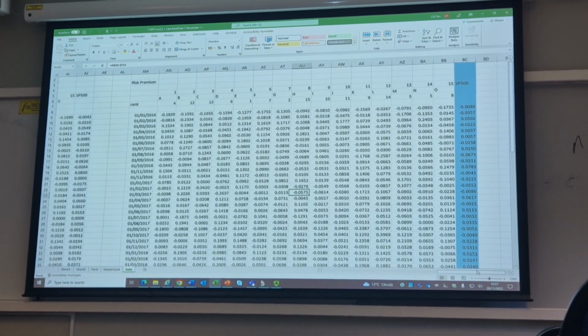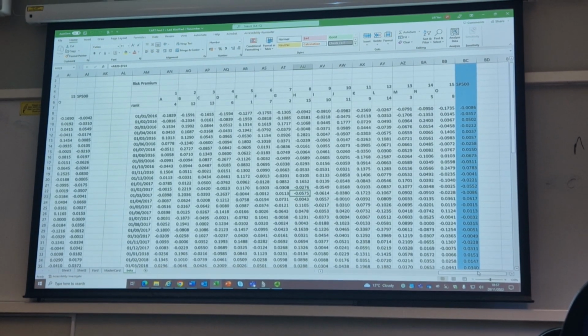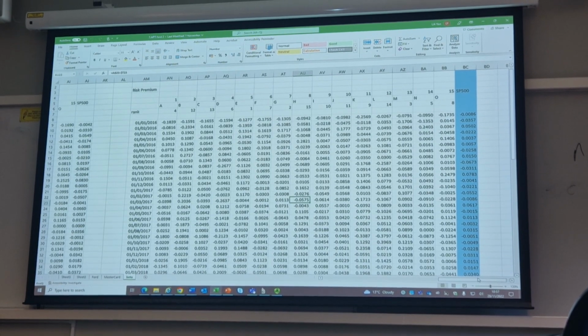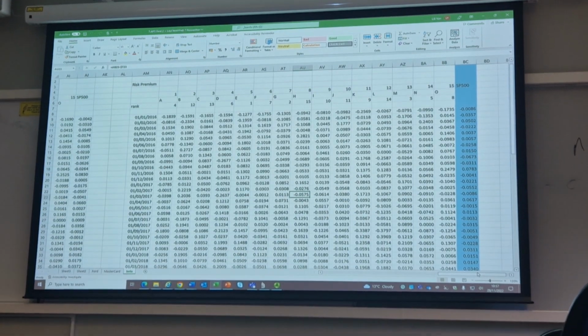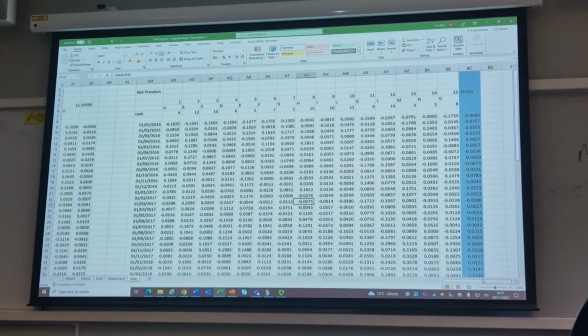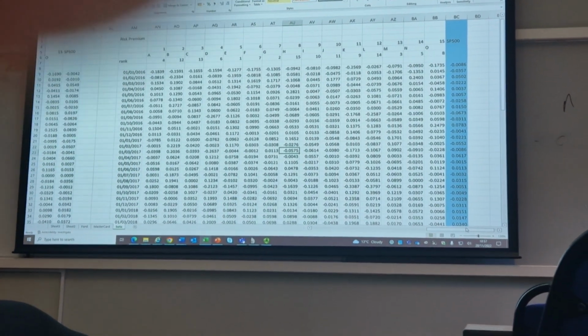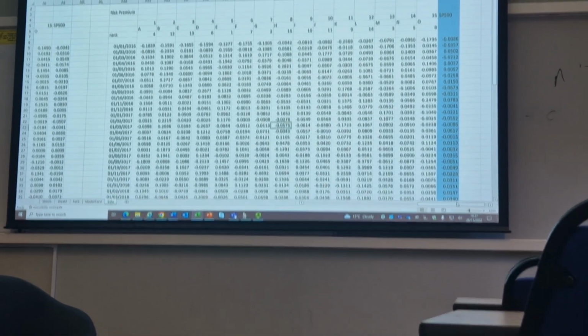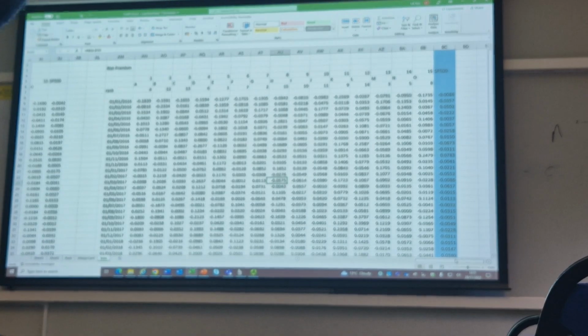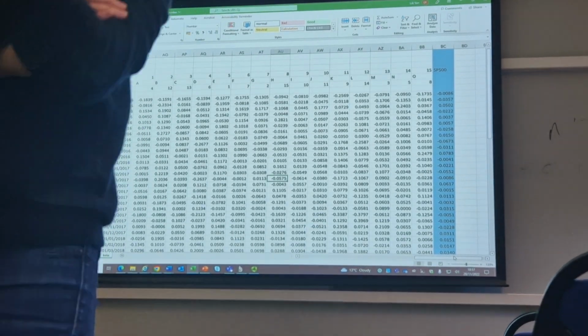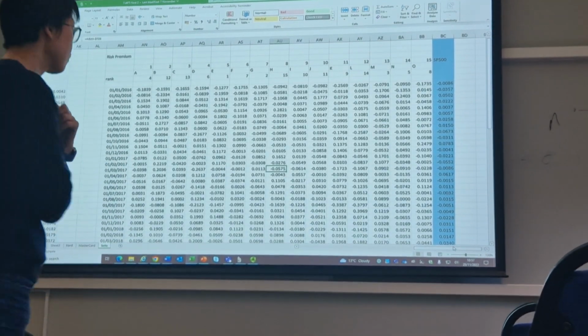So beta basically measures how sensitive an asset is when the market changes, when the market crashes. Does it make sense? So beta measures market risk.